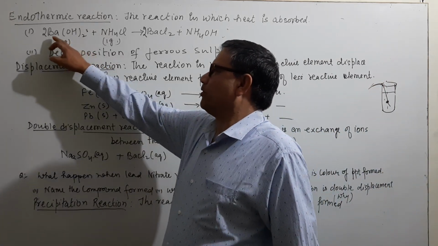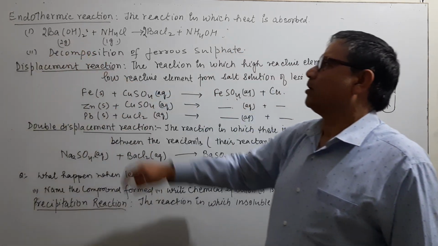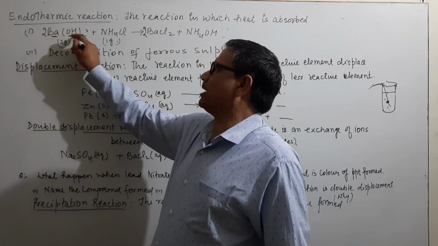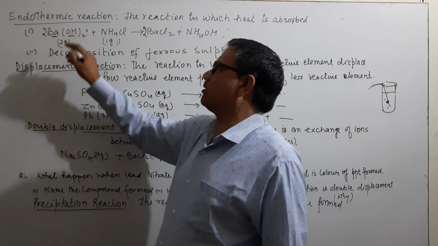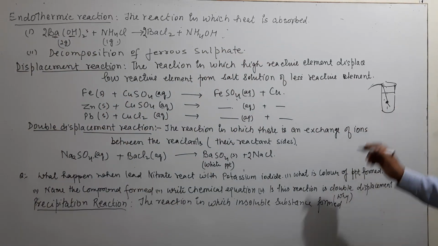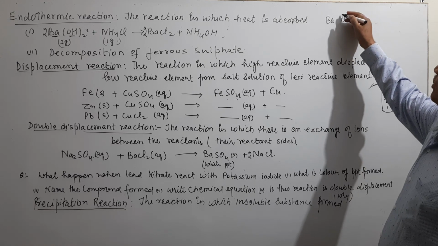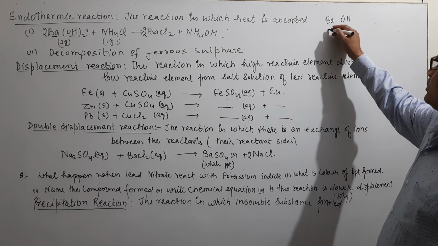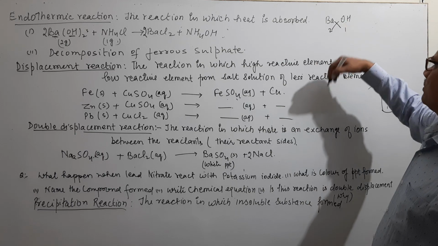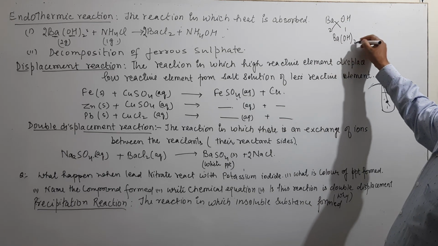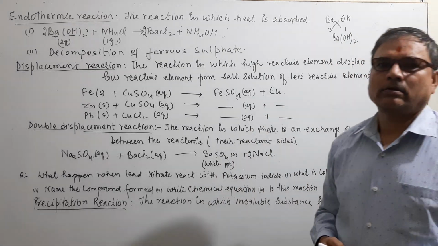First, take 2 gram of barium hydroxide. This is barium and this is OH, hydroxide. You know the valency of these, and by cross multiplying, it becomes Ba(OH)2. You did this in 9th class.